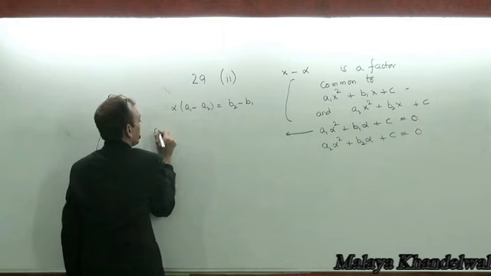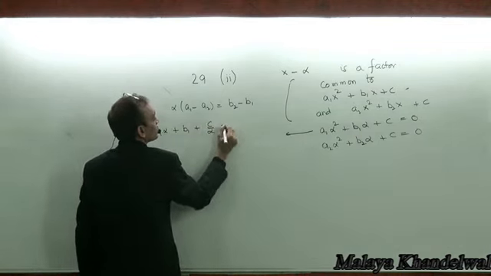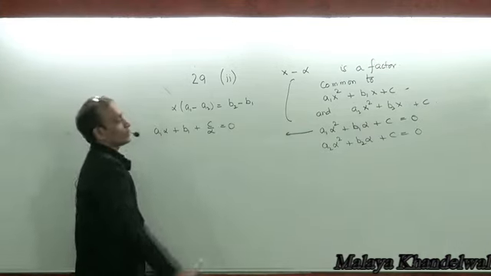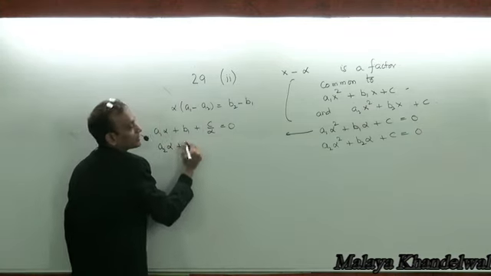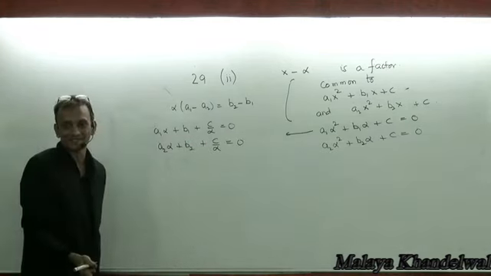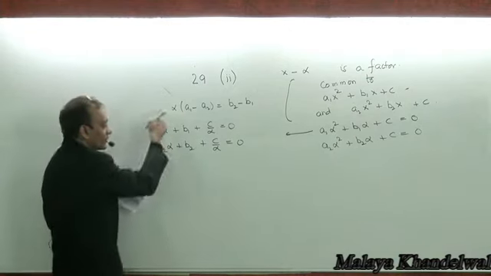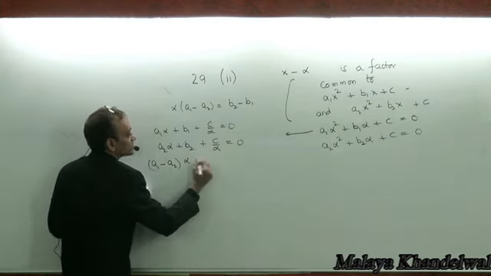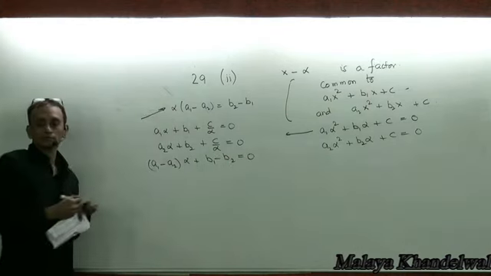So I get a1 alpha plus b1 plus c by alpha equal to 0. When I divide this by alpha, I get a2 alpha plus b2 plus c by alpha is 0. I need to eliminate c. That's why I did this. Then I subtract. When I subtract, I get (a1 minus a2) into alpha plus b1 minus b2 equal to 0, which actually is this condition.